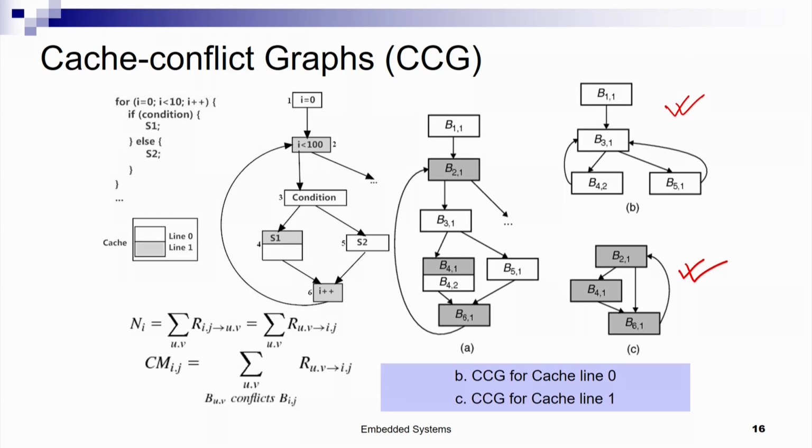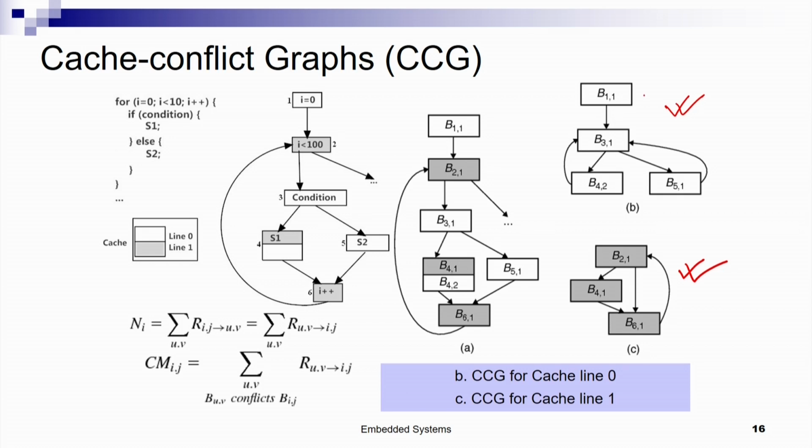So, which memory block replaces which block on this cache line? Who uses this cache line? What is the sequence of memory blocks which use this cache line? To get that, we need the cache conflict graph.